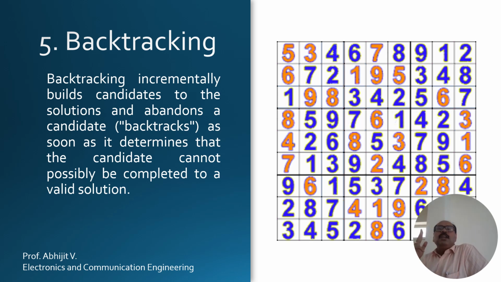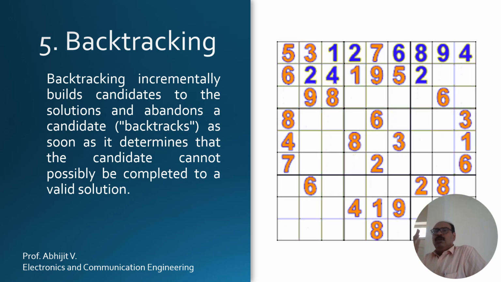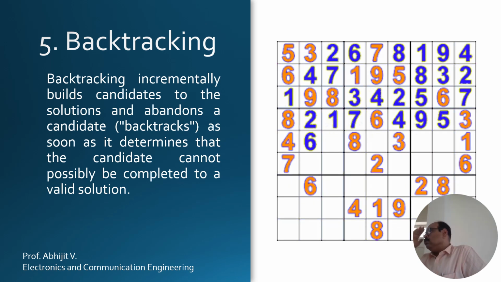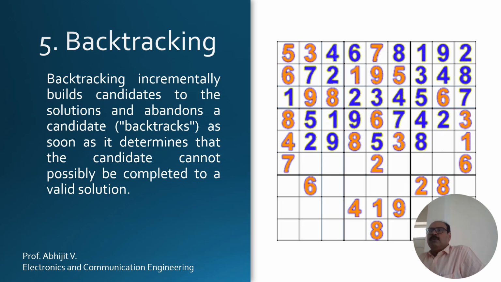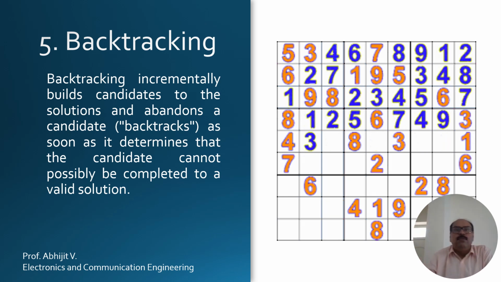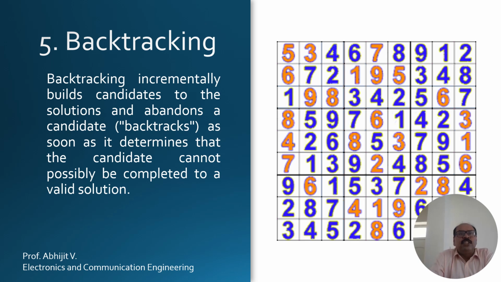Heuristics means what? What do you understand by heuristics? Rule of thumb, or what do you say? Intuition, how your mind is going to work, what idea your mind is going to give you. That's the third method of problem solving strategy that we have studied.